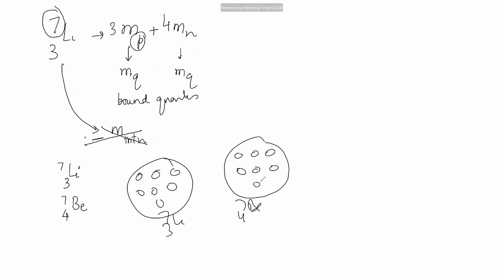Therefore, if you have lithium 7 and beryllium 7, I have switched off the electromagnetic interaction. That means all of them are white objects: 7 white objects here, 7 white objects here. Why am I calling them white objects? Because a strong interaction is not distinguishing between proton and neutron. These white objects are interacting among themselves with equal strength. They are contributing equally to the total mass of the system.